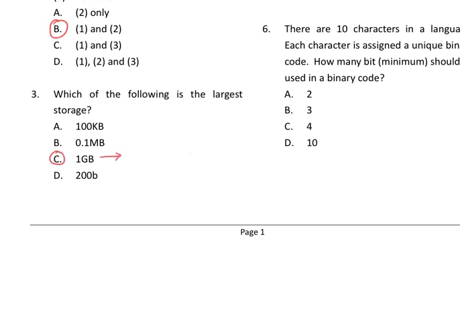And if you remember, 1 gigabyte means 1024 megabytes, so it is greater than the B. And then for A and B, one is using kilobyte, one is using bits. They are very small units with a very small value, so they cannot be the largest one. So the answer must be C.